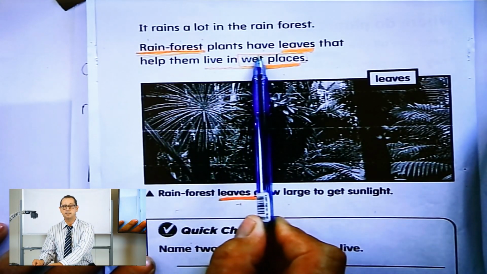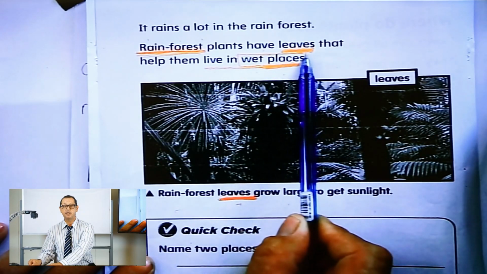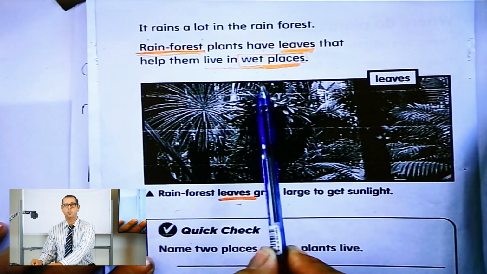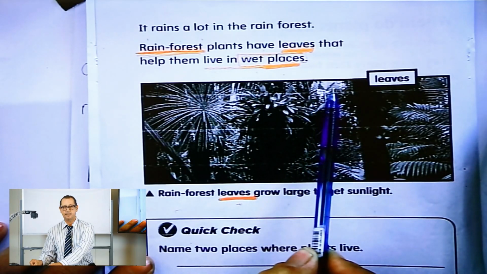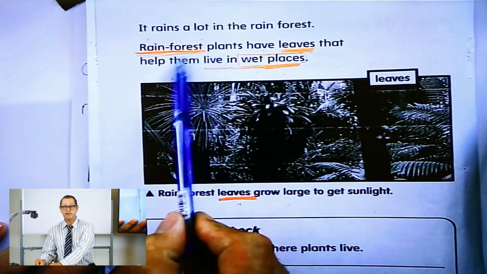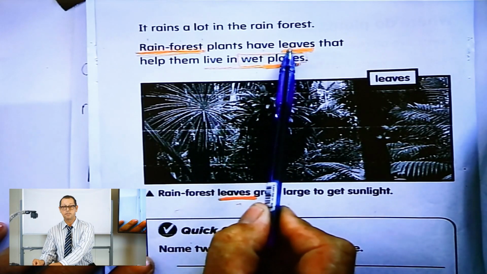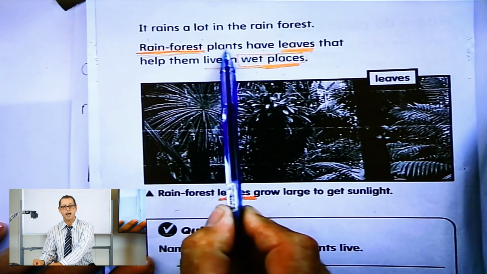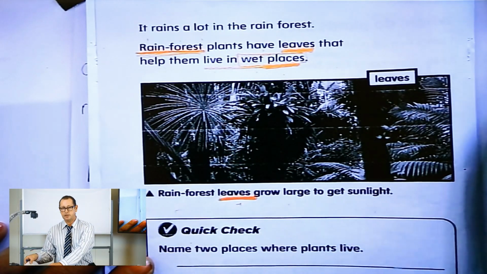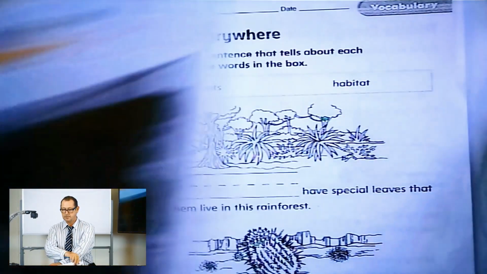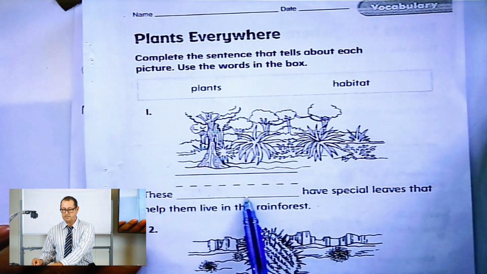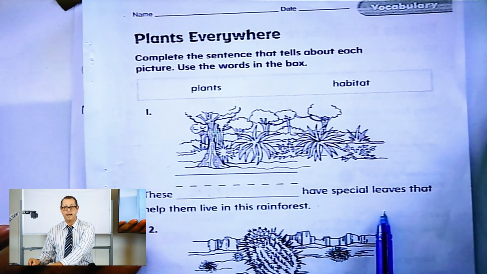Rainforest plants have leaves that help them live in wet places. So, rainforest, what's this word? Plants. So if we look at the question, these have special parts.